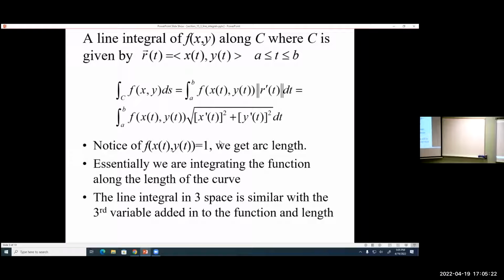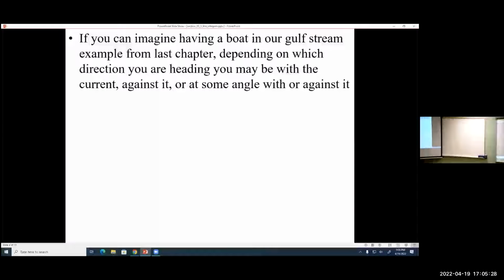What we'll see more often is going to be a line integral over a vector field. All right. So if you think about that Gulf Stream, when we first looked at vector fields, we talked about, hey, if we go along with a flow line, if we drop a bobber in the water, we just watch it go along with the flow line, that creates the flow line through our vector field.